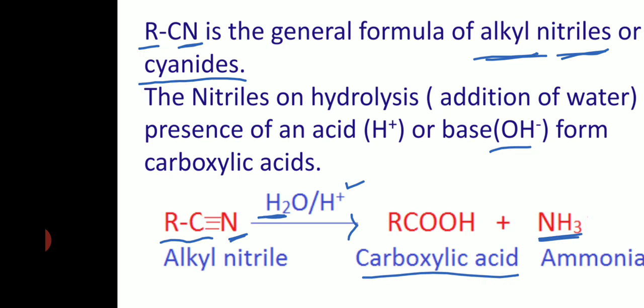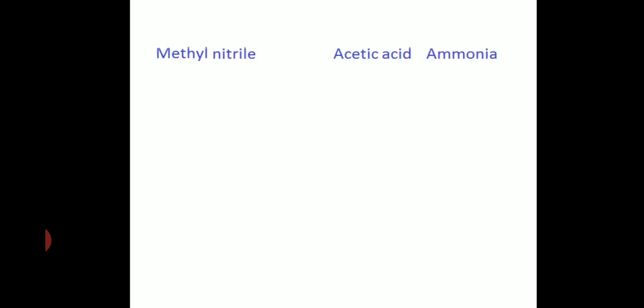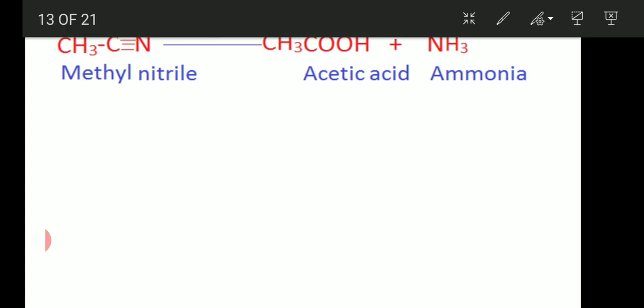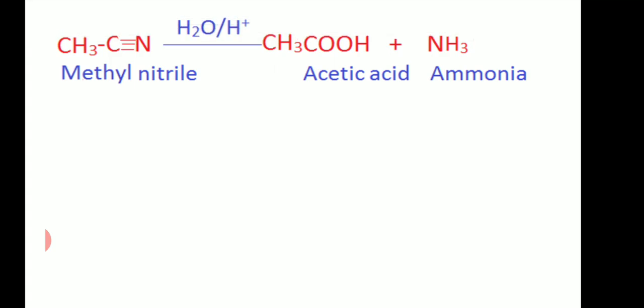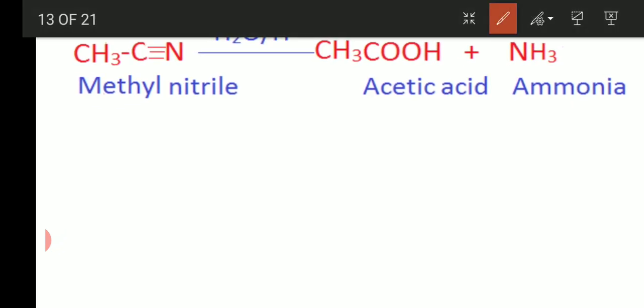In place of R, if we take some example, where R is an alkyl group like methyl, ethyl, propyl, if one example is taken, that will be a live example. How that is, we shall see. Methyl nitrile. In place of R, we have taken CH3, methyl.